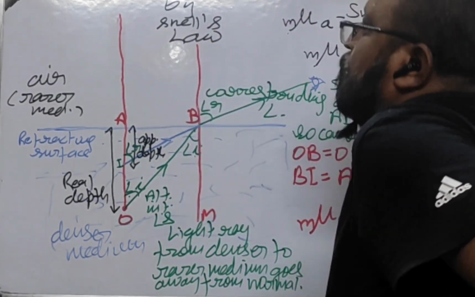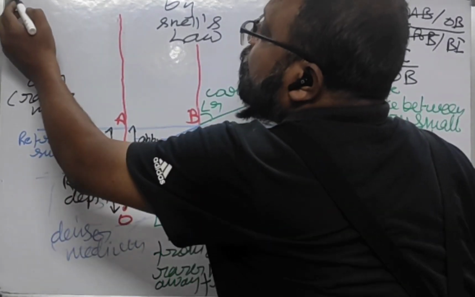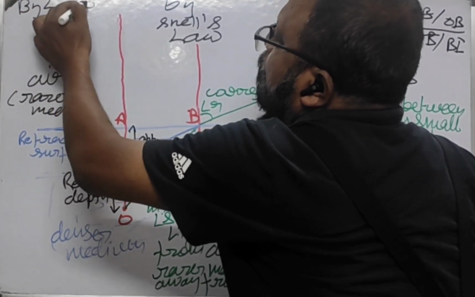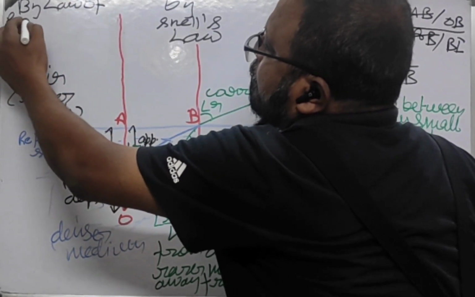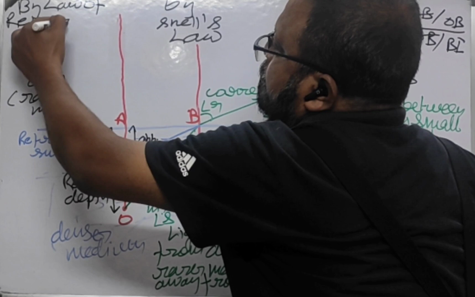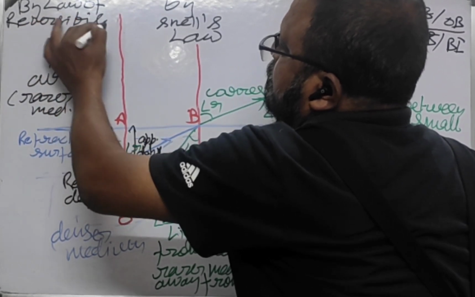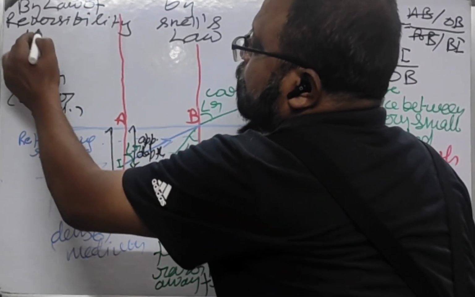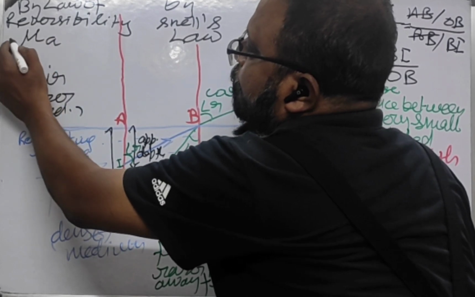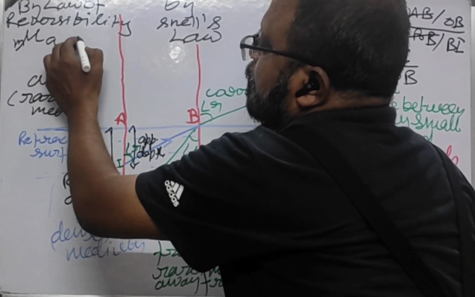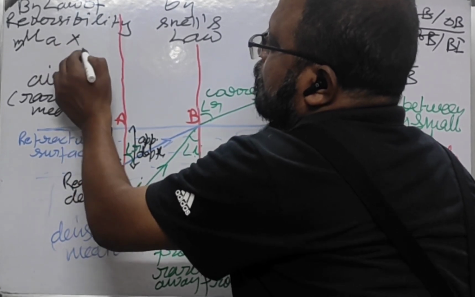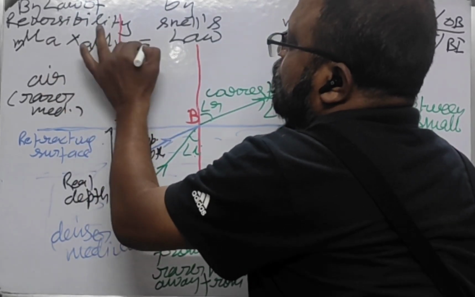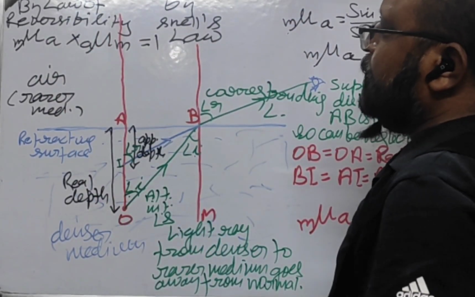So now by law of reversibility, refractive index of medium A with reference to material into refractive index of medium with reference to air is equal to 1, right?